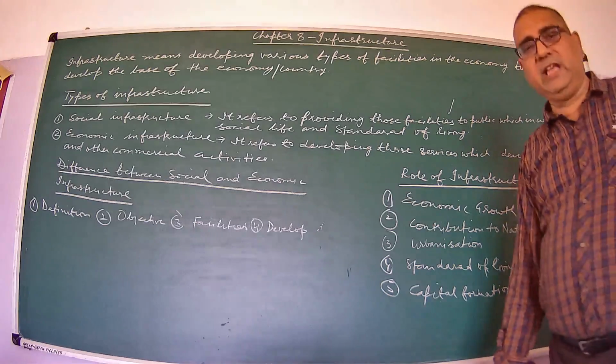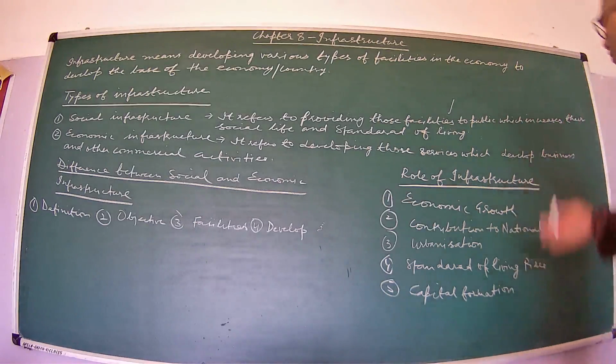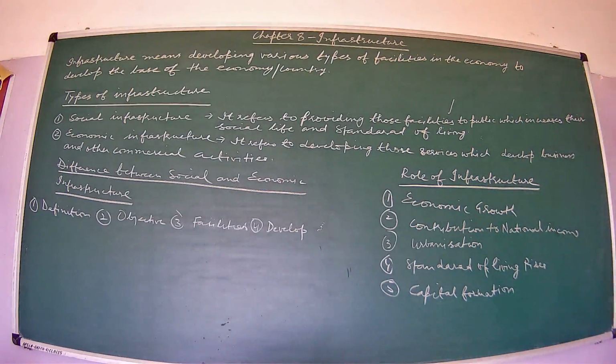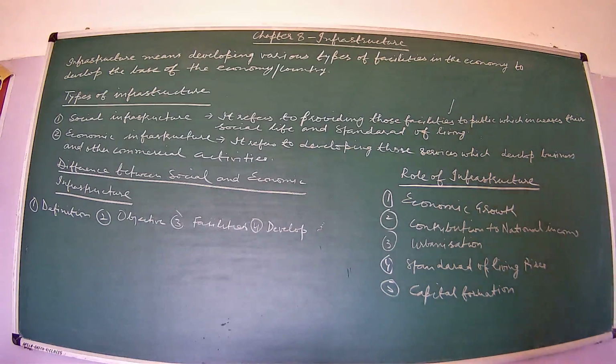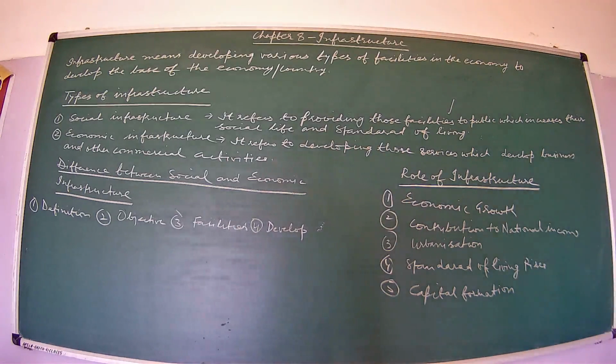Then, my dear student, the next topic is the role of infrastructure. The role of infrastructure is related with economic growth. If we want to have economic growth in the country, then we have to attain good infrastructure.